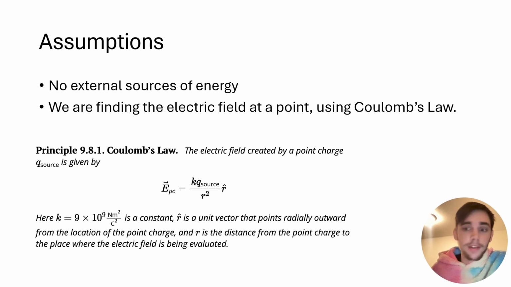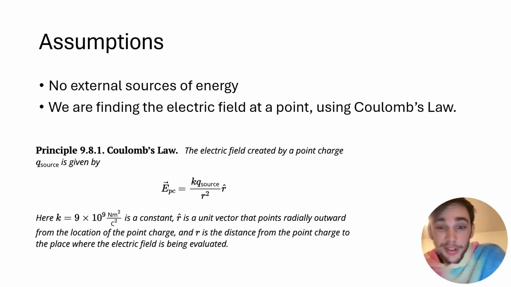This equation uses the distance of the point charge from the place of the measurement to find the electric field at that specific point. We can use this here because we're treating the point at which we are measuring as if it's the charged point itself, and from there we can find the values of the electric potential and the electric field, which makes for a much simpler solving process.